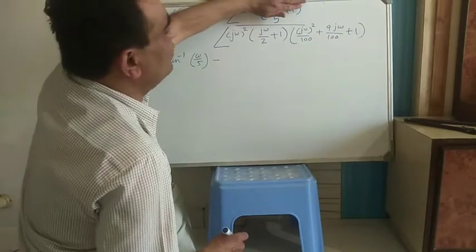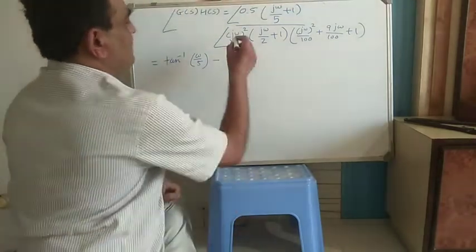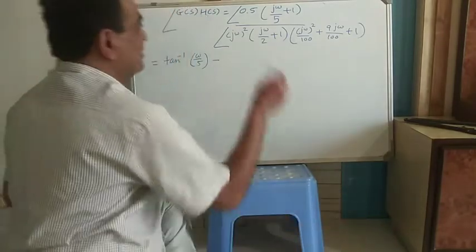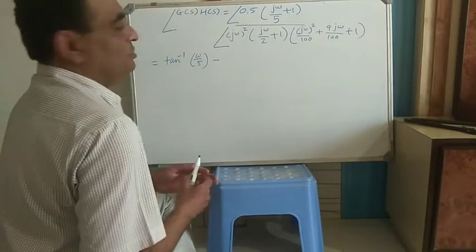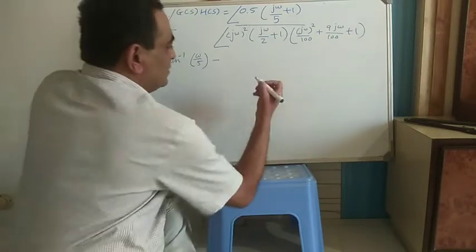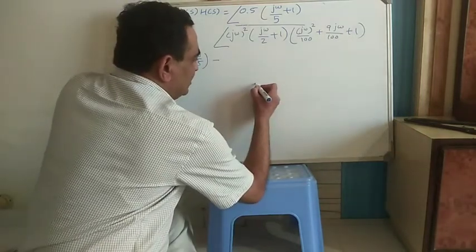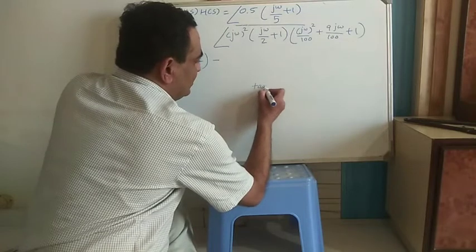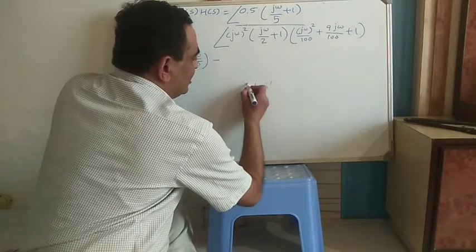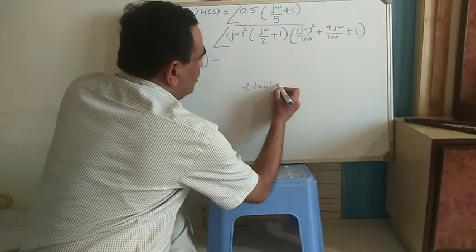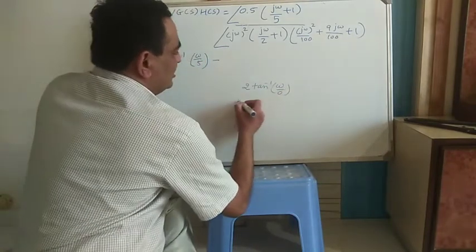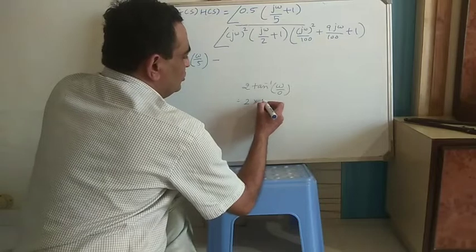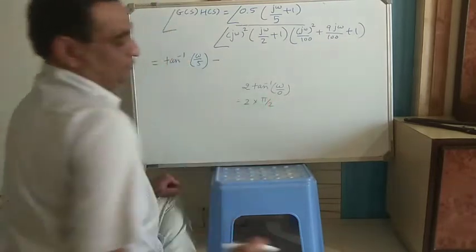So numerator terms are over. Then this term, I am talking about the s square term. If you look into this, then 2 tan inverse of omega by 0. So this is nothing but 2 into pi by 2.